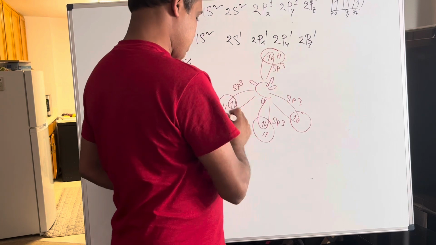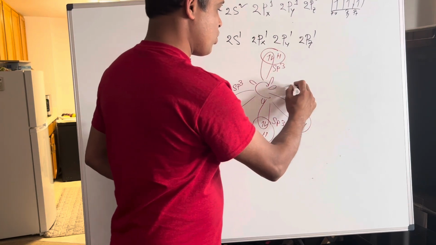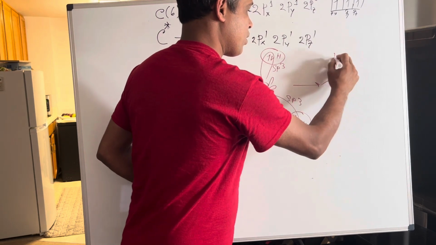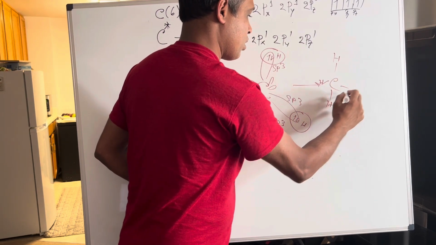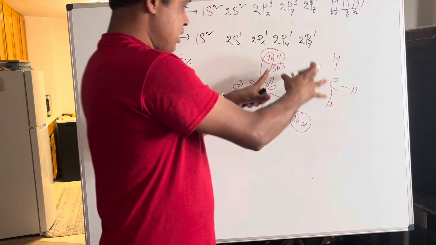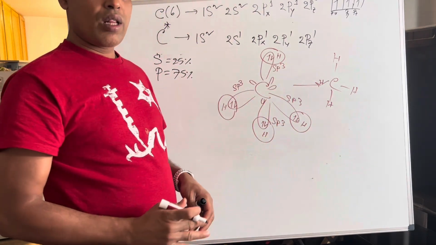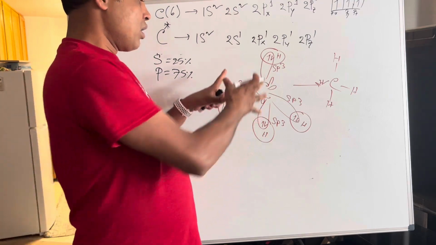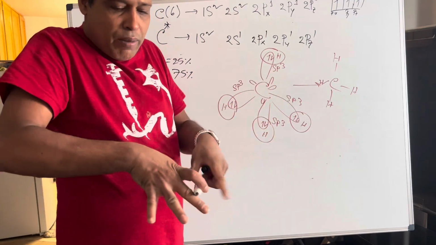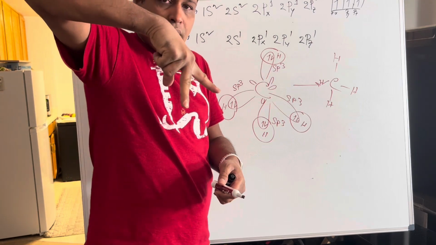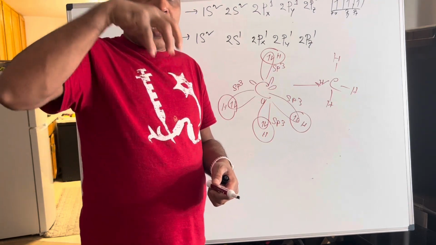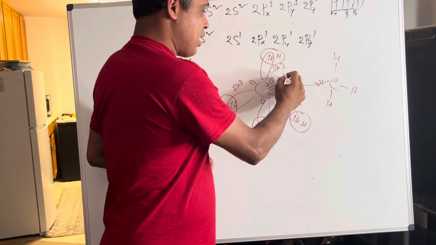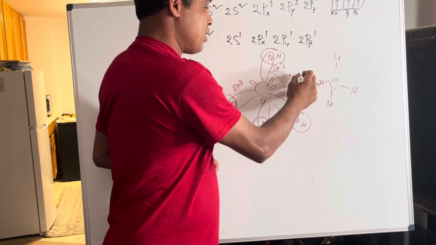So all are hydrogen. In that case you can think it is a methane molecule, and this shape is called tetrahedral shape. In sp3 hybridization, three bonds will be like this, and one will be on top, and that shape is called tetrahedral, and each angle is 109.28 degrees.